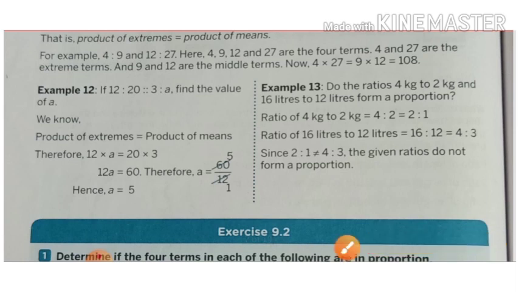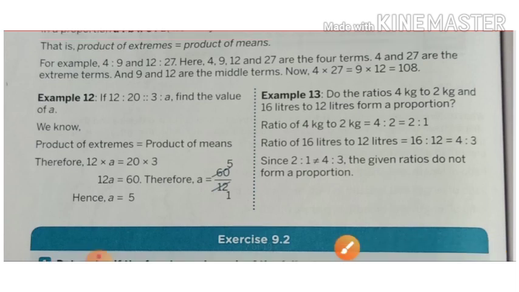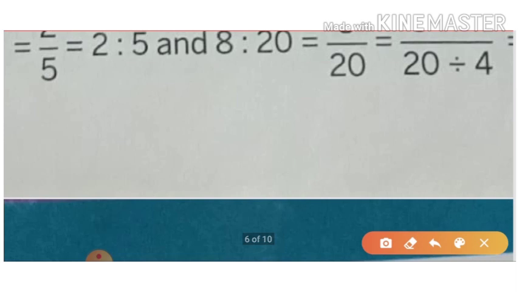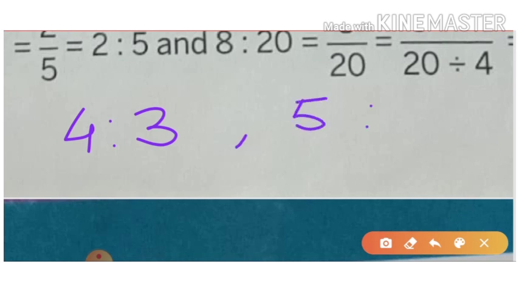Now I will give one more example. Say 4 is to 3, and you are given 5 is to 9. You are asked to find whether they are in proportion or not.